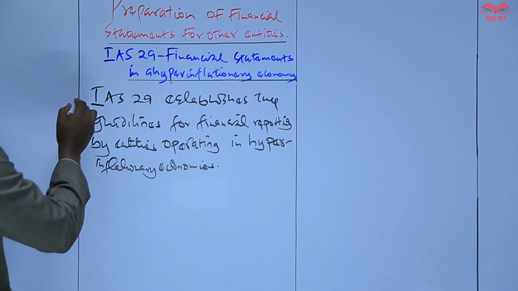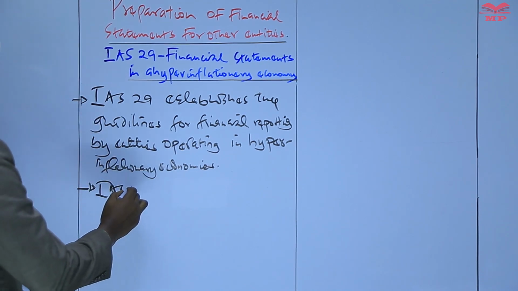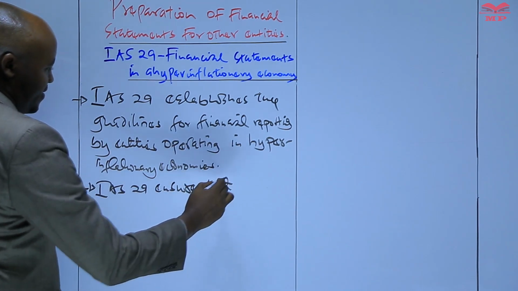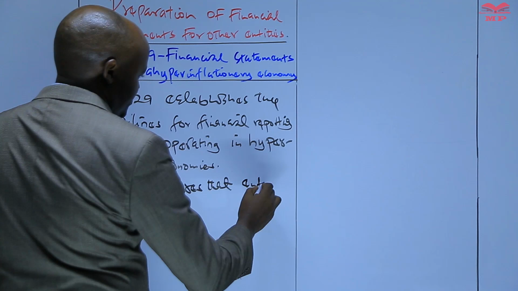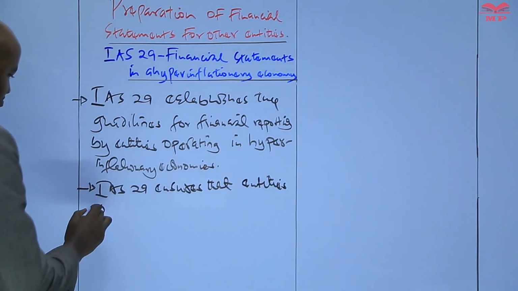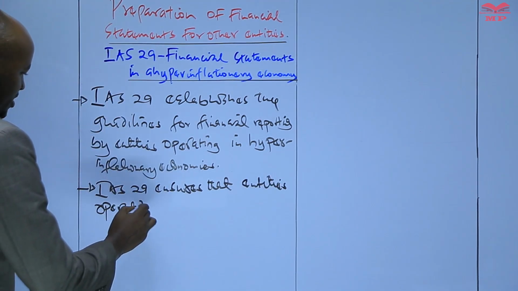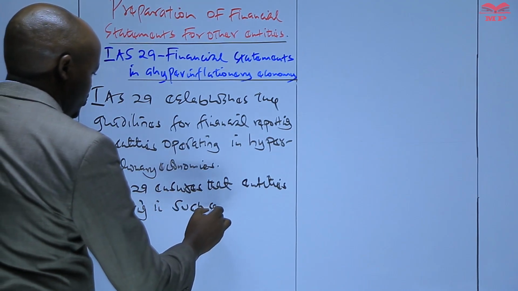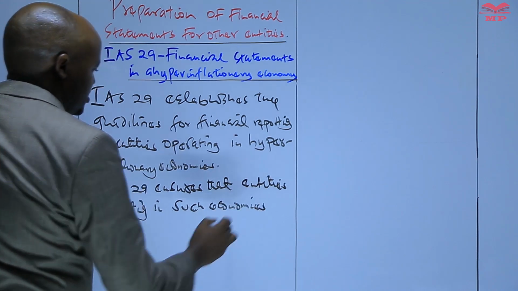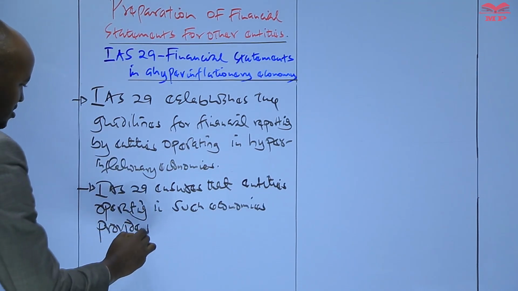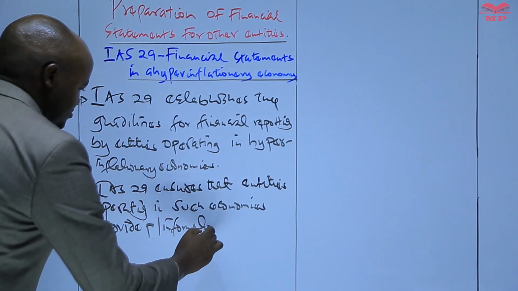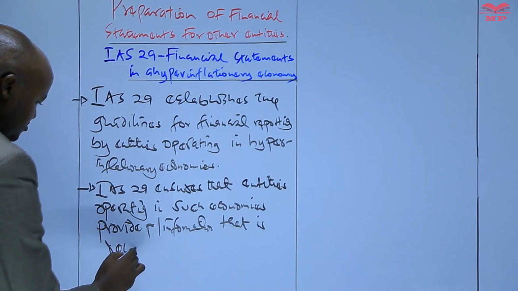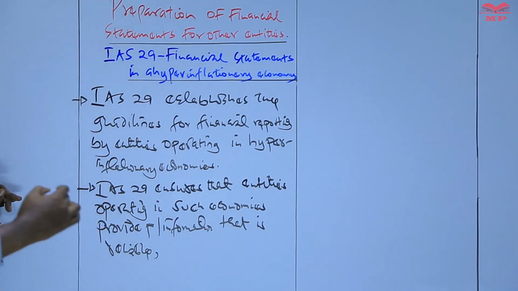Comparable. So therefore you can say that IAS 29 ensures that entities operating in such economies provide financial information that is reliable, number one.